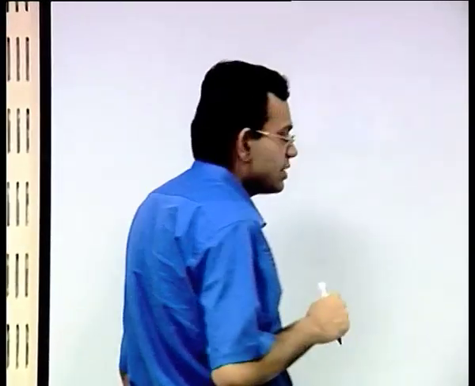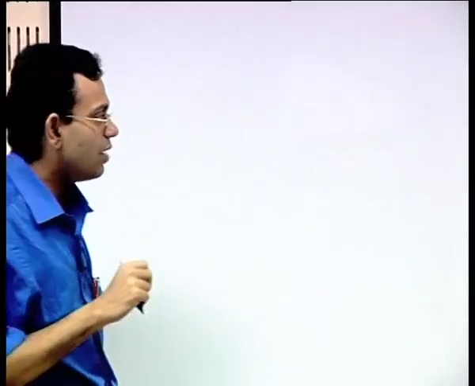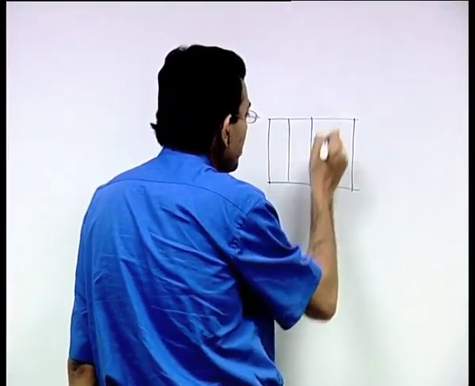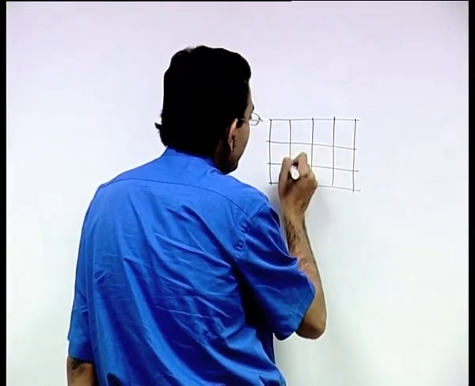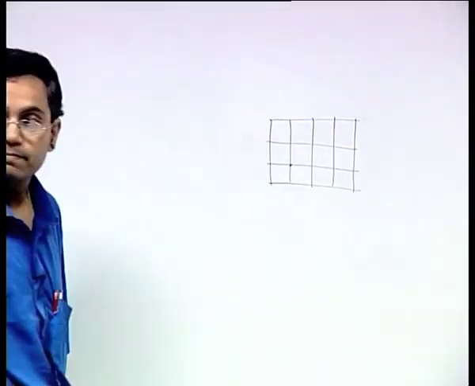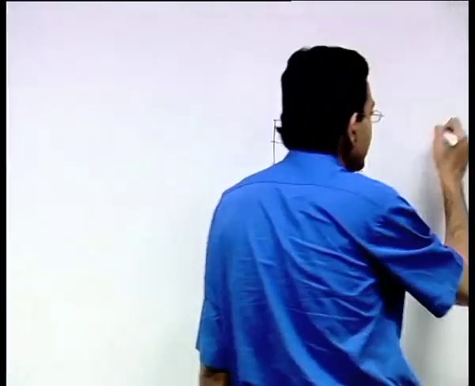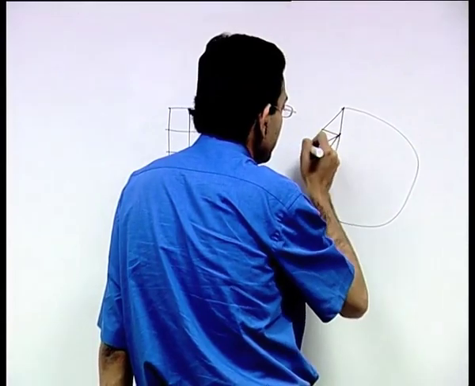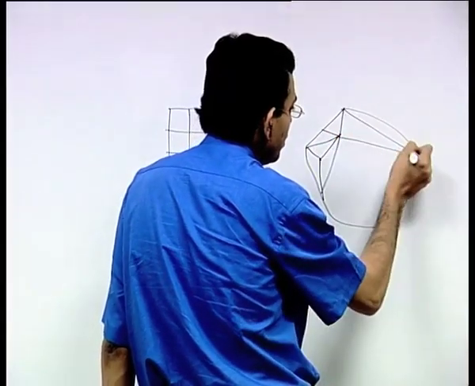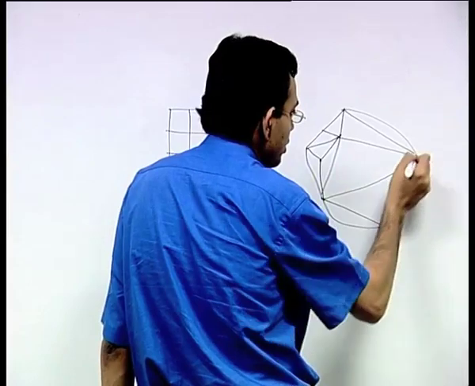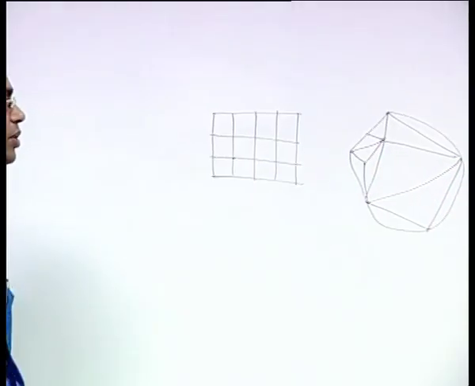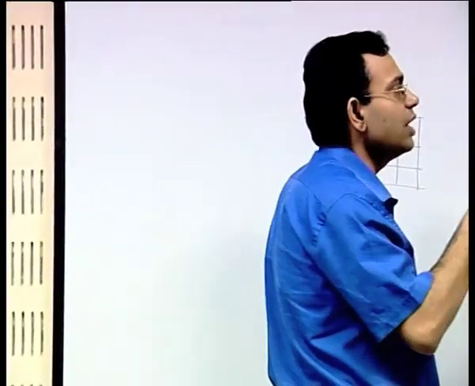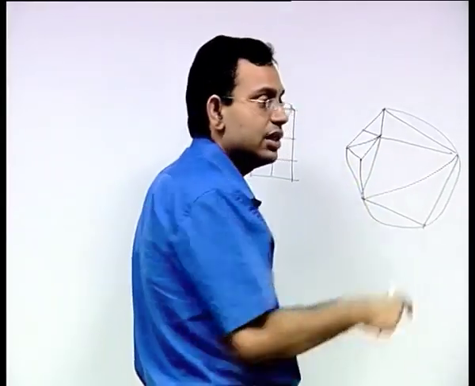Again we have discussed this, but just to summarize: if you have a structured mesh, then you have the same connectivity of one vertex with the neighboring vertices, whereas in an unstructured mesh you may have different connectivities between the vertices. One vertex may connect to a different number of neighboring vertices depending on which vertex you are considering.